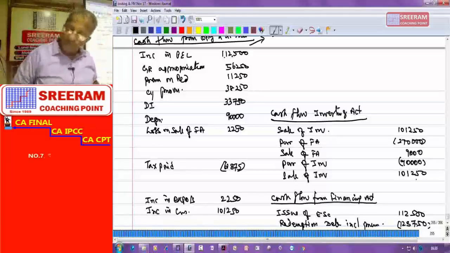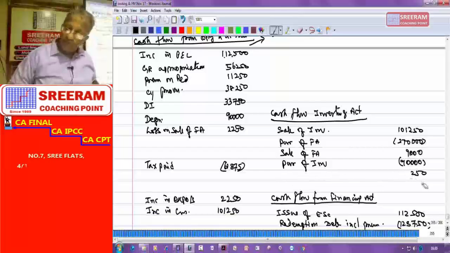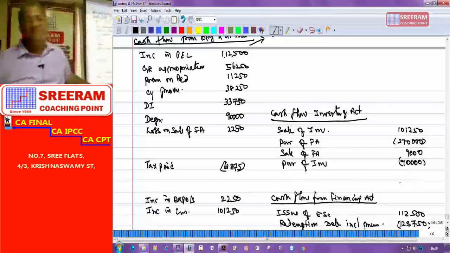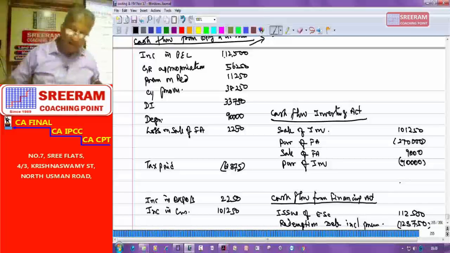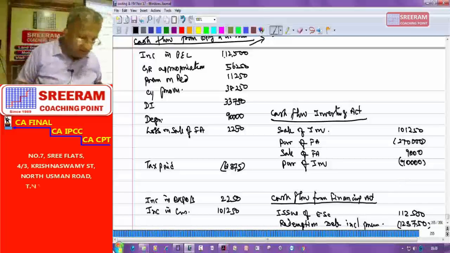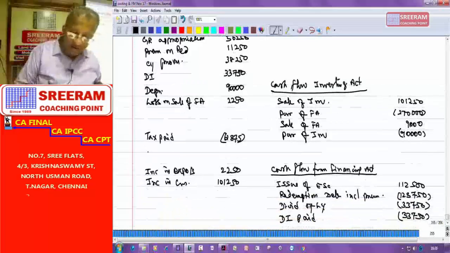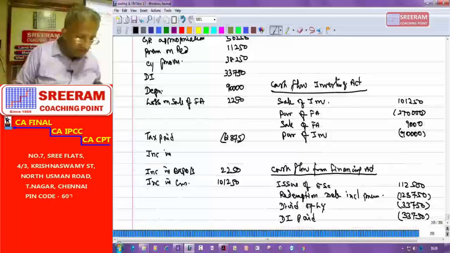Did we put it already? Oh, twice? Purchase of investment we are putting just now. Sale of investment not put. Sorry. Investment. Stock. Increase in stock. How much? 78,750 outflow.